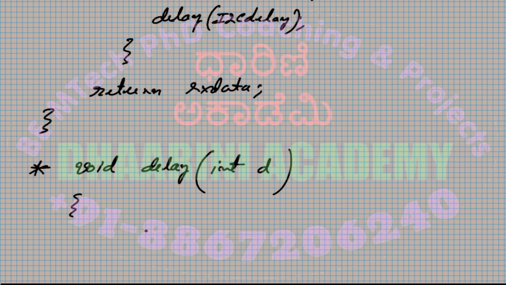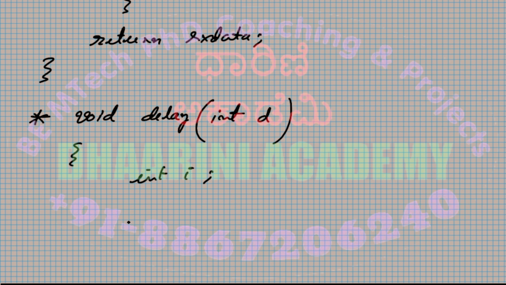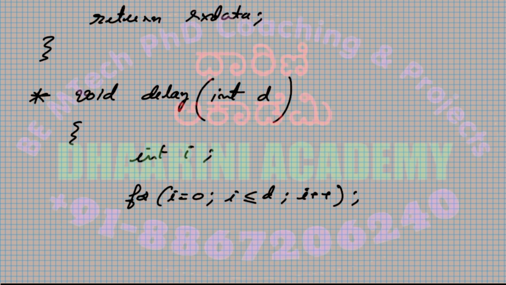Okay. So what I do, I call int I. I'm not doing anything. So simply for I equal to 0, I less than or equal to d, I plus plus, do nothing, give a semicolon. The for loop will run so many times. That's all. Okay, it's a delay, do nothing.